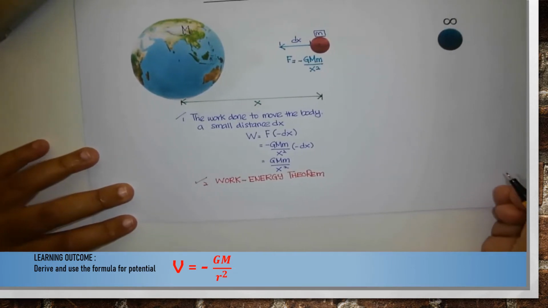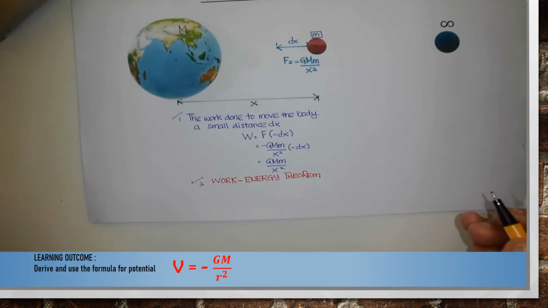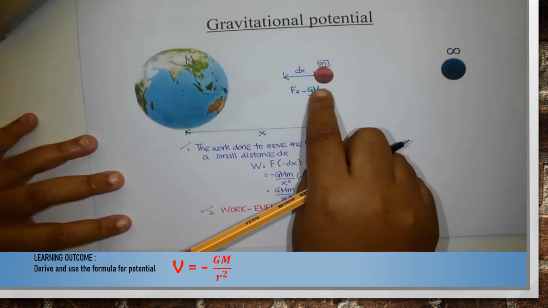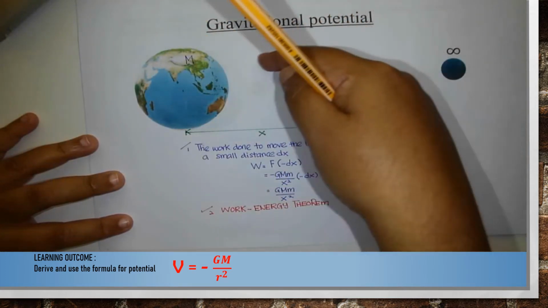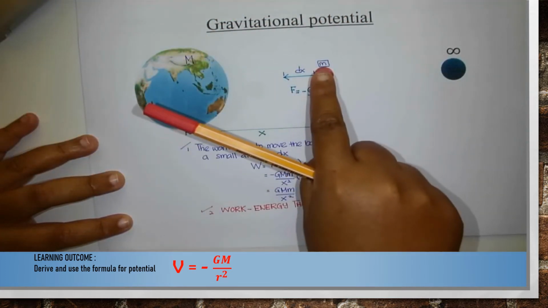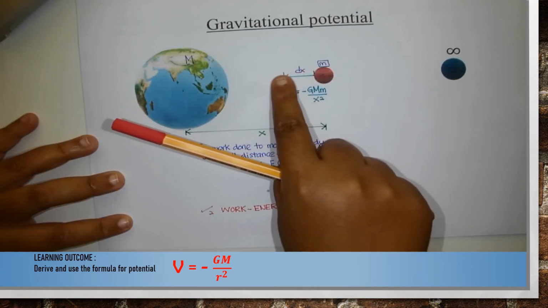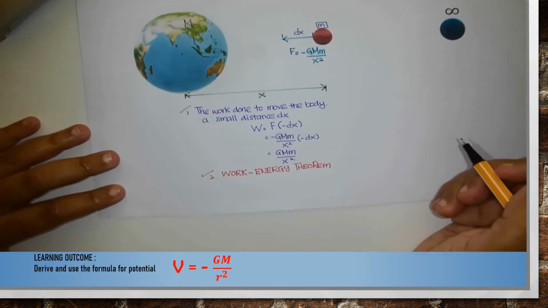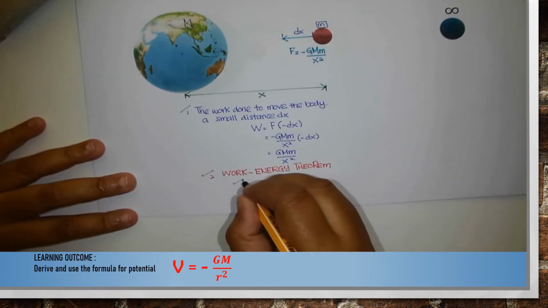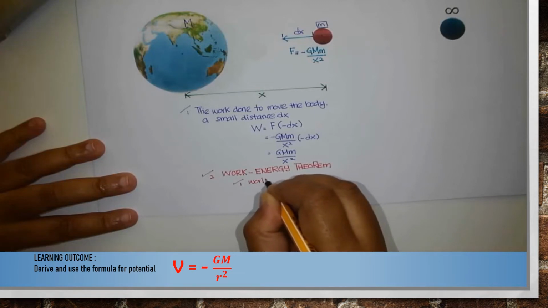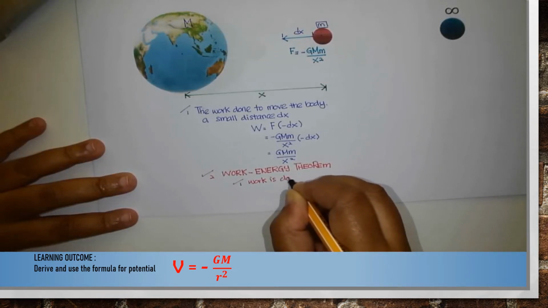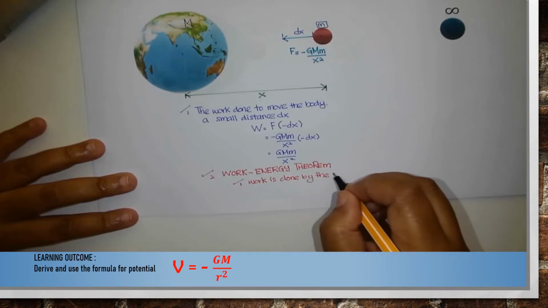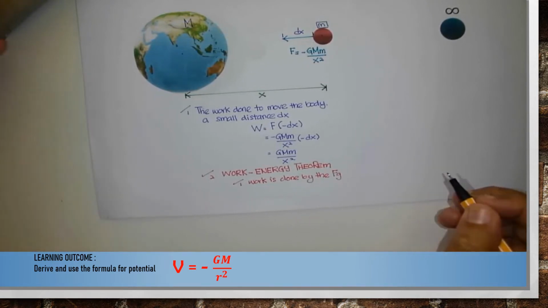According to the work energy theorem, first, work is done by the gravitational force, because the gravitational force is towards the center of the earth. So to move from this position to this position, a small distance of dx, work is done by the gravitational force, Fg.